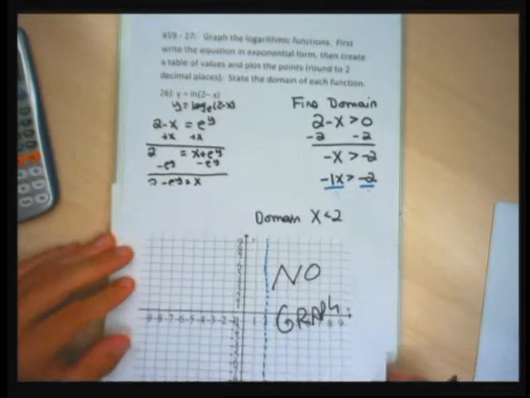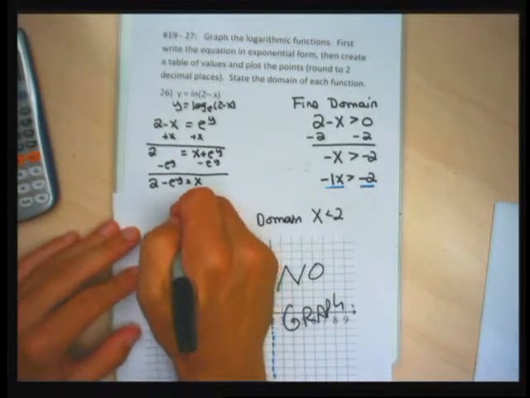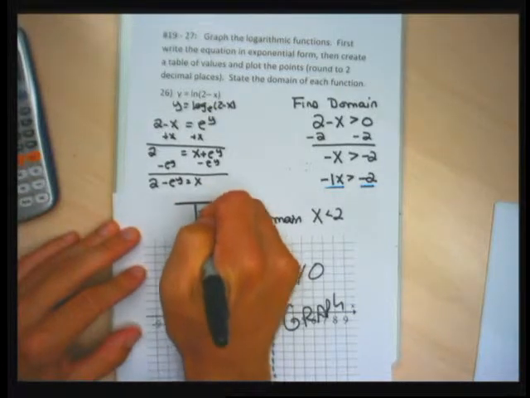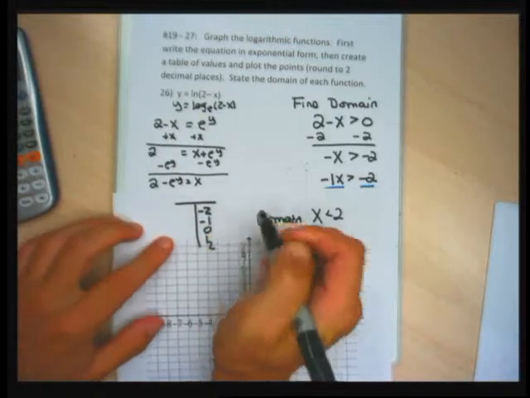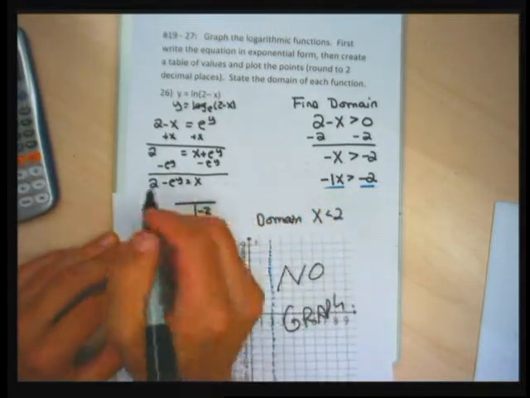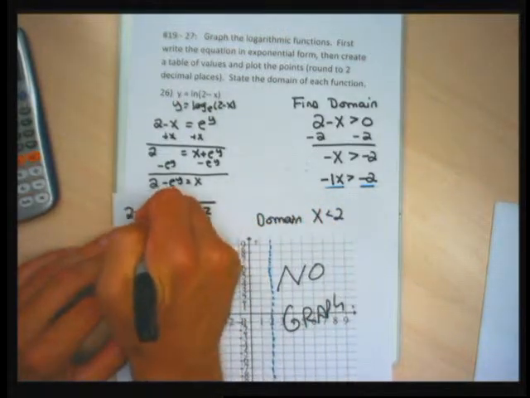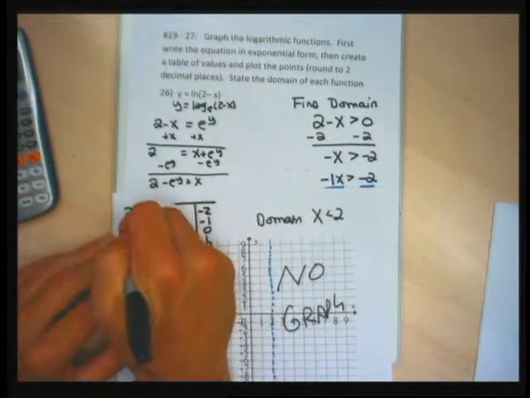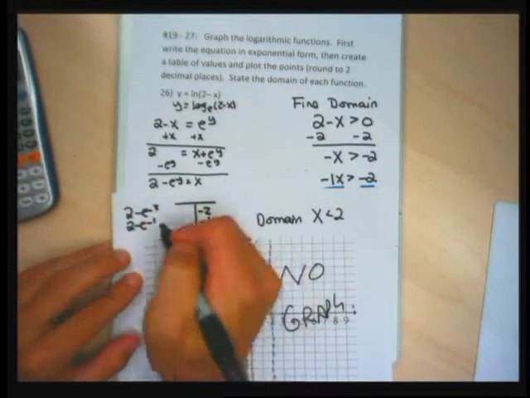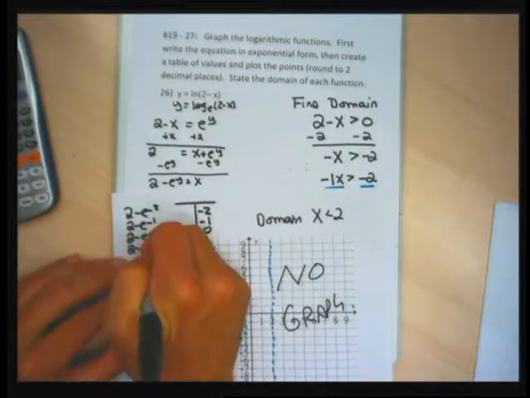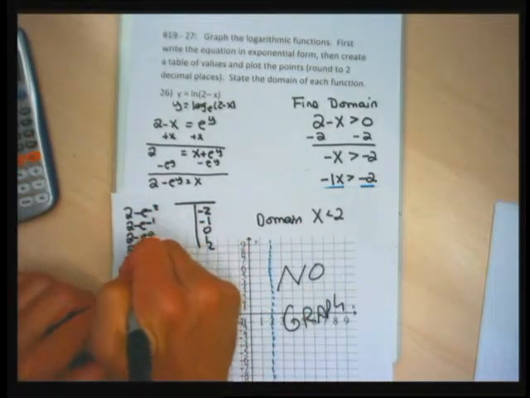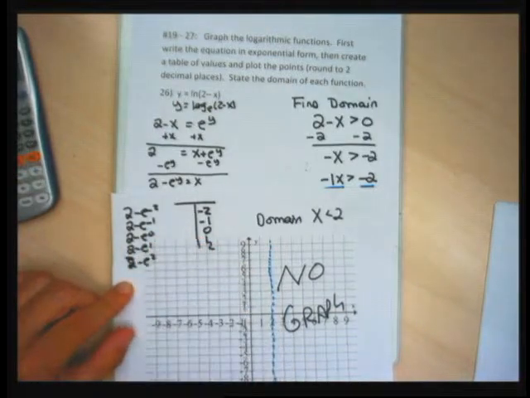And the table that I'm going to use is still the same -2, -1, 0, 1, 2 table. And I'm going to go 2 minus e to the -2, 2 minus e to the -1, 2 minus e to the 0, 2 minus e to the 1, and 2 minus e to the 2 to get my y values.